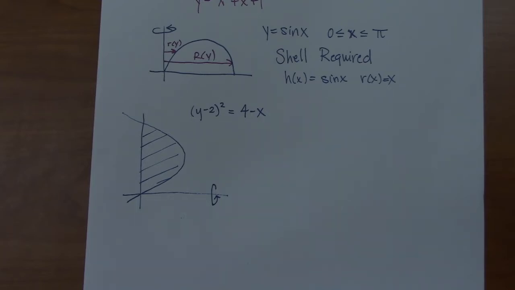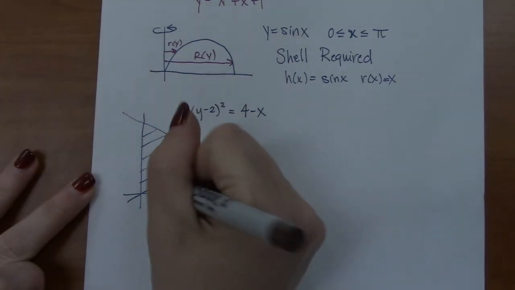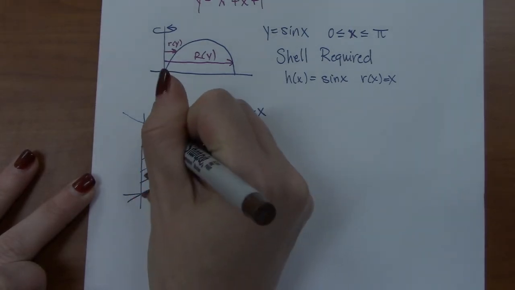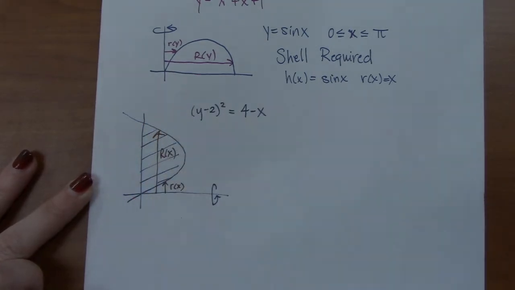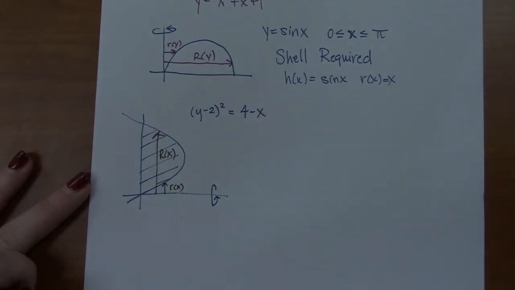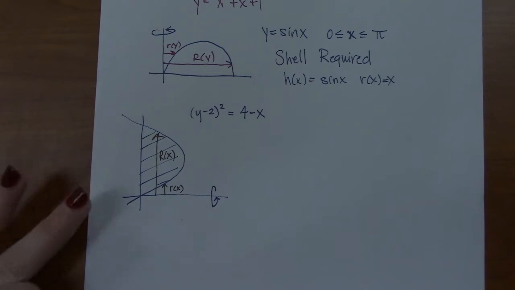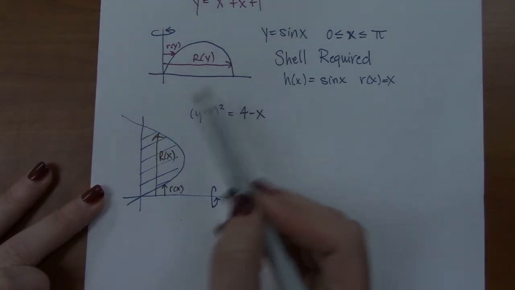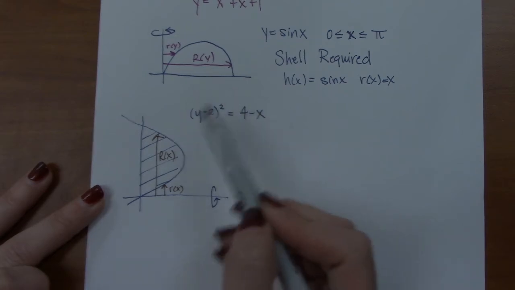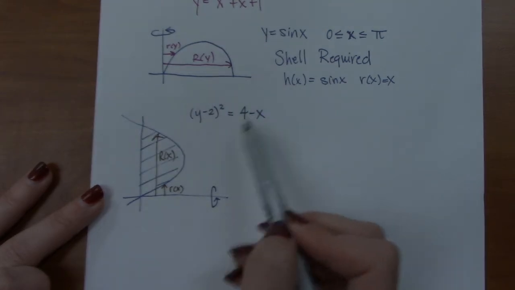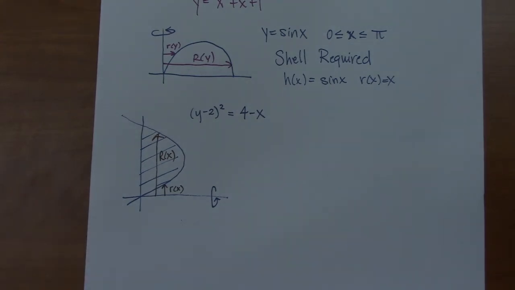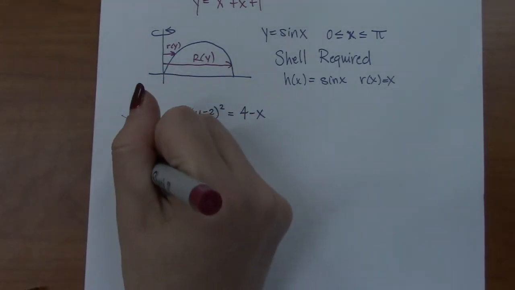Okay, so if you want to use disc washer, well there's your R, there's your big R. It's the same line. The region won't let you use disc and washer, right? You can't distinguish between the functions, all right? Also, this could actually be solved for either variable. So in theory, algebraically, we can work with either x or y, right? But for the shell method, there's our height.